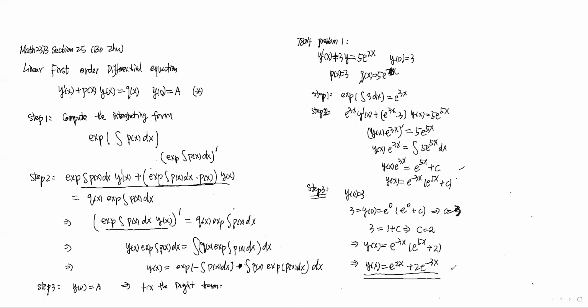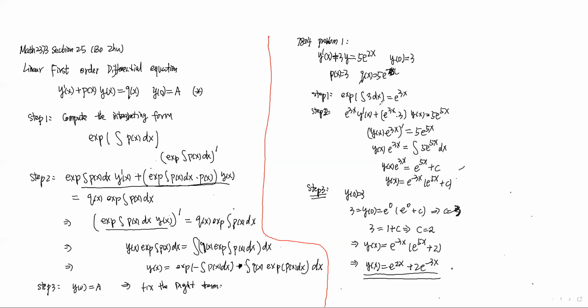If you look at the left-hand side, you can say it's very complicated, but if you look at the right-hand side, it's quite simple because every step you get the answer. You just follow the steps and continue to compute, and you will get the answer. But one important thing is you have to know why we do step 1.